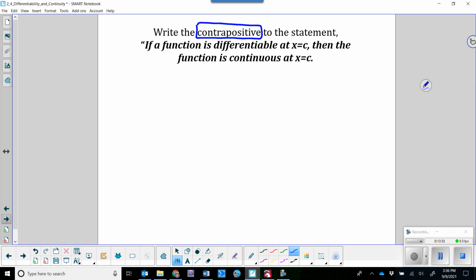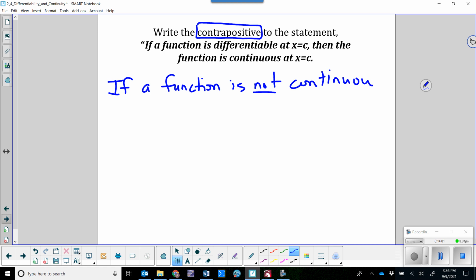The contrapositive and the original statement have the same truth value. So this is a theorem, this is true. It's true in this direction, which means when I write the contrapositive, it is also true, okay? So the contrapositive is if a function is not continuous, because that's the then part of the original statement, at x equals c.